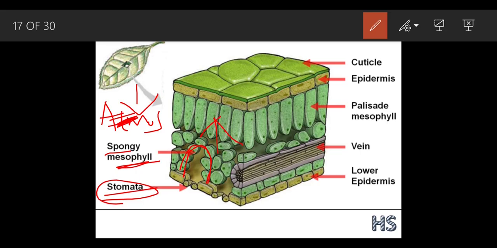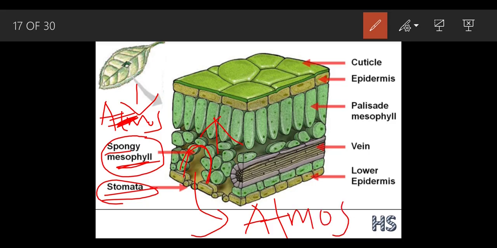The water which is present inside this spongy mesophyll is going to move out to the atmosphere. Why is it going to move out to the atmosphere? Because here in the atmosphere the level of water is quite low and the water inside this leaf is quite high. Okay, so that is why transpiration occurs.